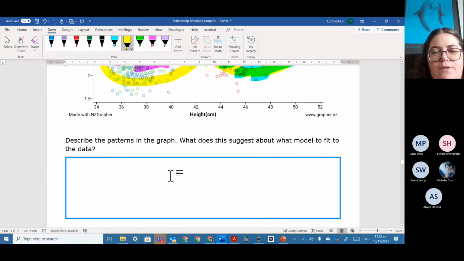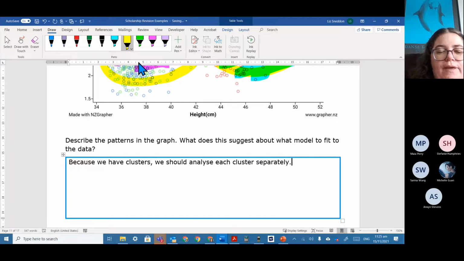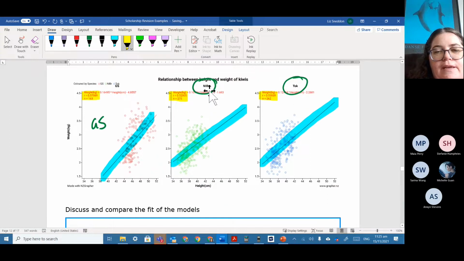So what did I say in this one? What does that suggest? Because we have clusters, we should analyze each cluster. And when we do that, that improves the fit of the model. And we can see there that the equations that we would get are all slightly different.